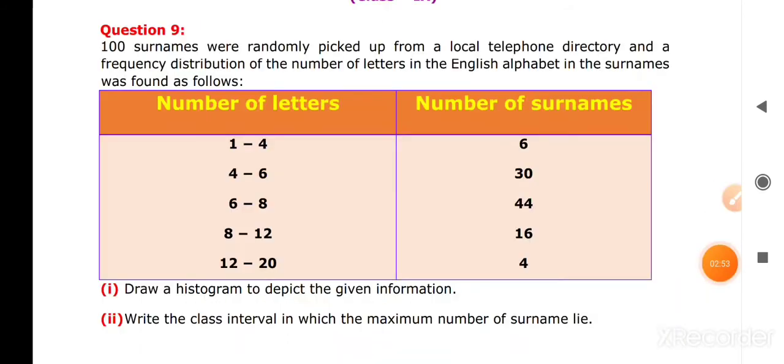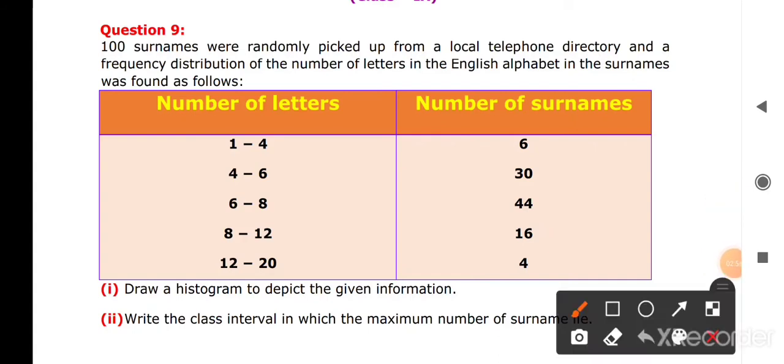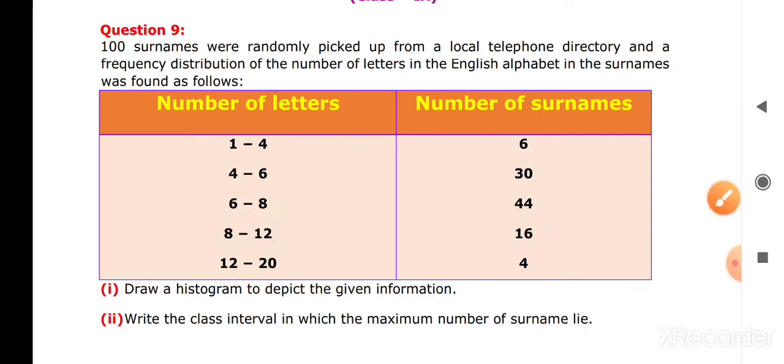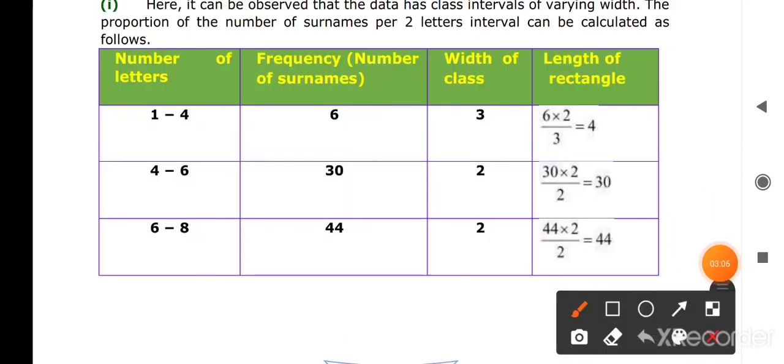Similarly, in the next question, this is also a similar type of question. The gap is not the same, so the process will be the same, as we followed in the previous question. First, two columns are given in the question.